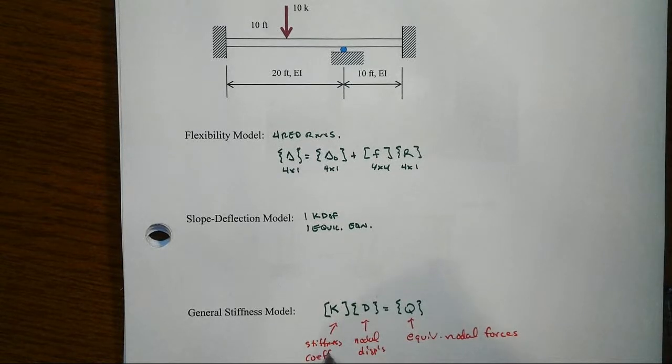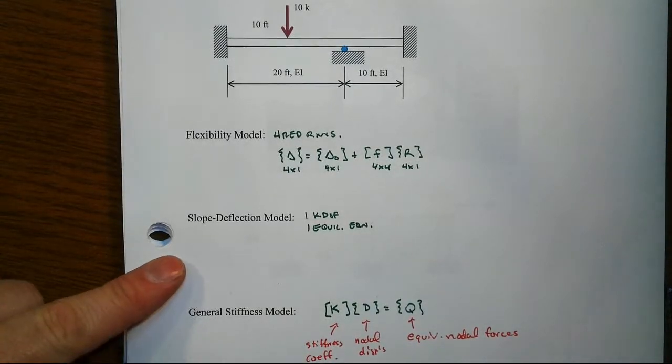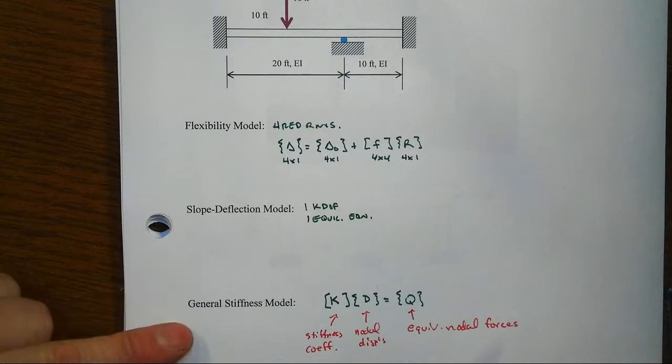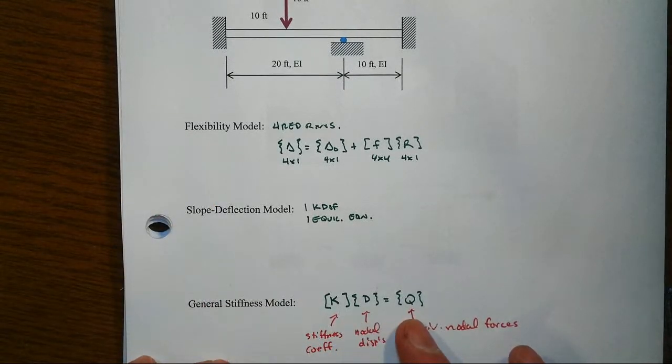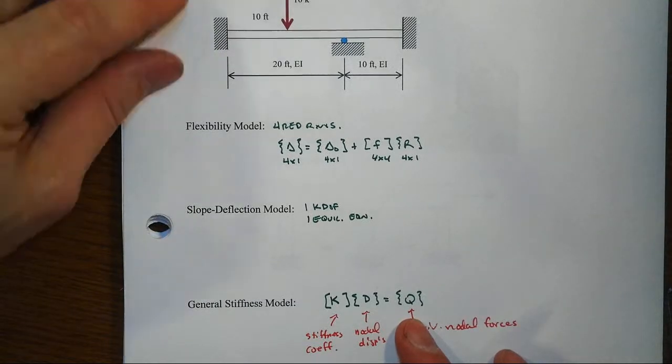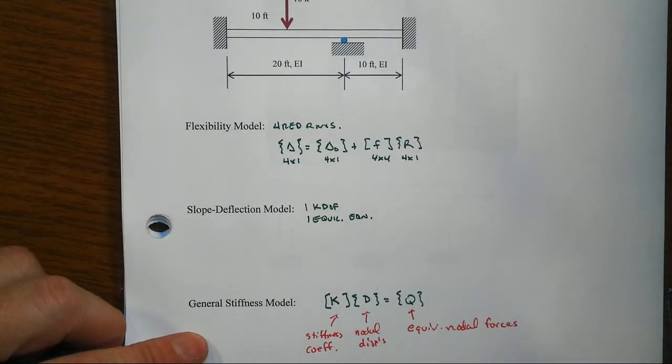And even though we've pulled out the slope deflection model as though it's different than the general stiffness model, in reality we're still going to be solving the same kind of equation, and it's all about eventually how do we come up with what these stiffness coefficients are.